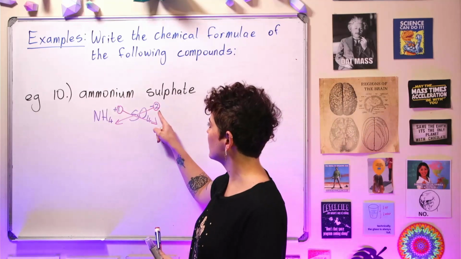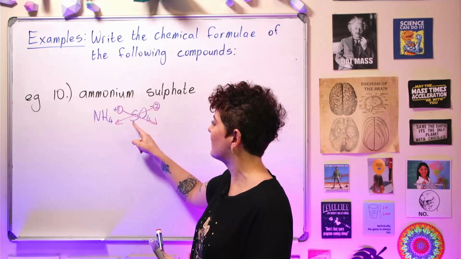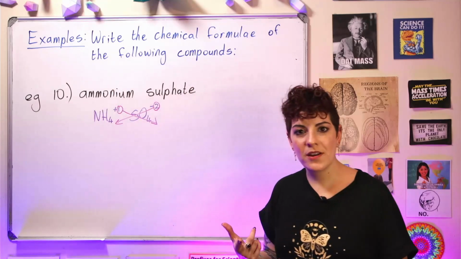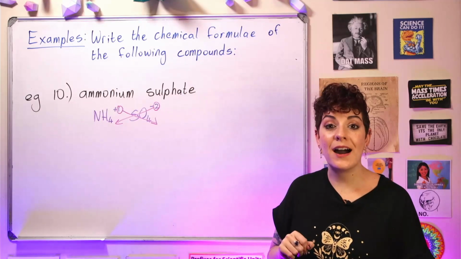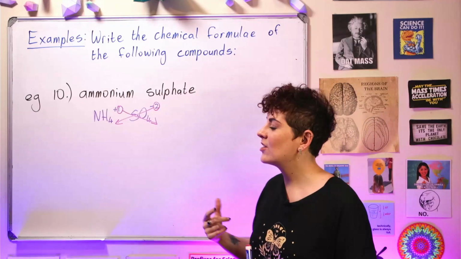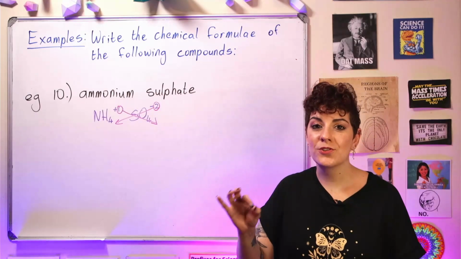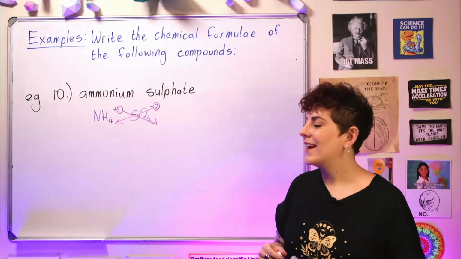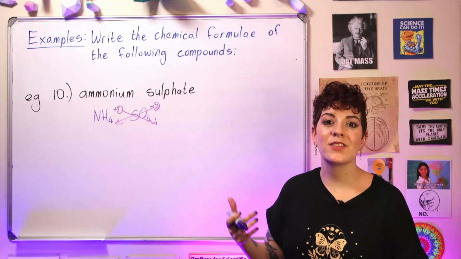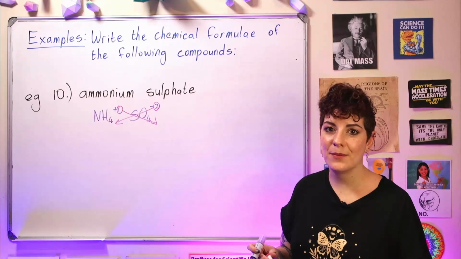So because we cross over the 2 of the sulfate to the ammonium ion's corner, that means we're going to land up with 2 ammonium ions in our final formula. So we have to put NH4 in a bracket with the 2 on the outside. But NH4 is also written first in the formula because it is the positive ion that must come first.